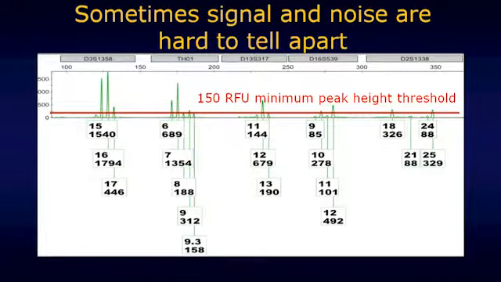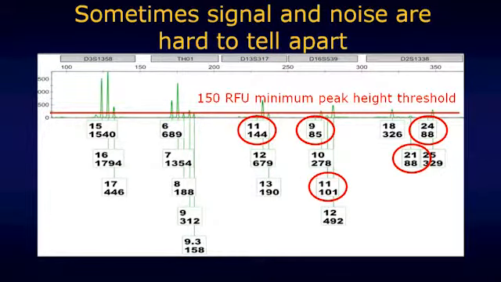What are the implications of that? For this particular electropherogram, if we draw the line at 150 RFUs, that's going to have implications for how we interpret some of the peaks that are labeled by the computer here. Specifically, the ones that are circled in red fall beneath that 150 RFU threshold, and the computer, if it's operating with a minimum peak height threshold of 150, would not put a label on those peaks.